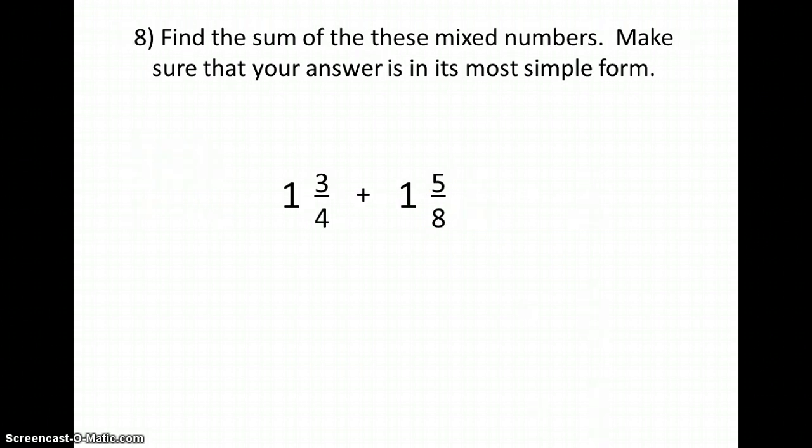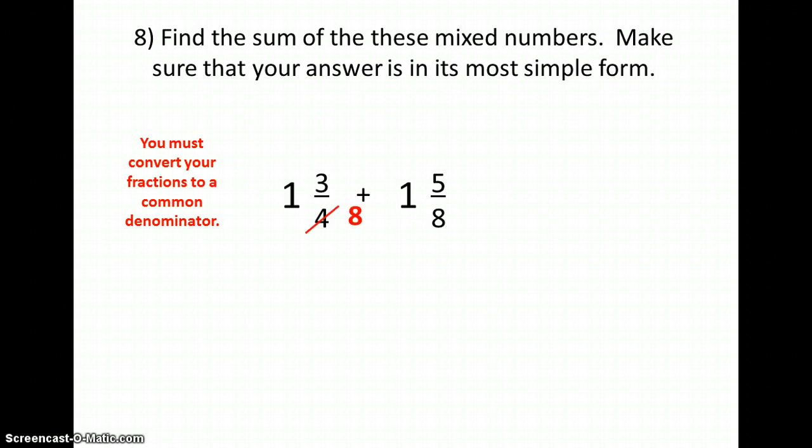When I'm dealing with mixed numbers, I have one extra step. First, just like when I'm adding and subtracting proper fractions, I need to convert my fractions so that they have common denominators. Since 4 and 8 can both go into 8, 8 is my common denominator that I'm going to use. 4 times 2 is 8. 3 times 2 is 6.